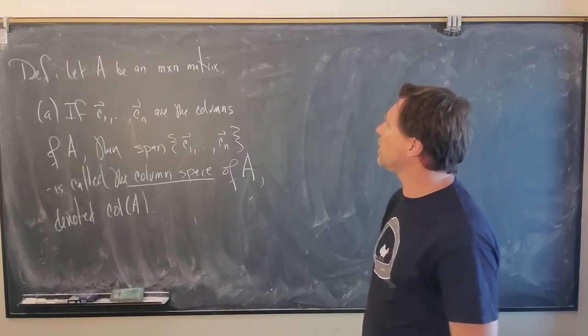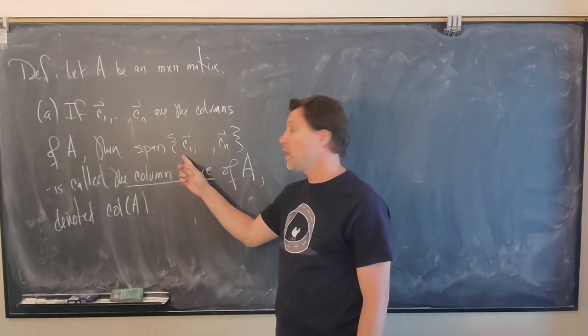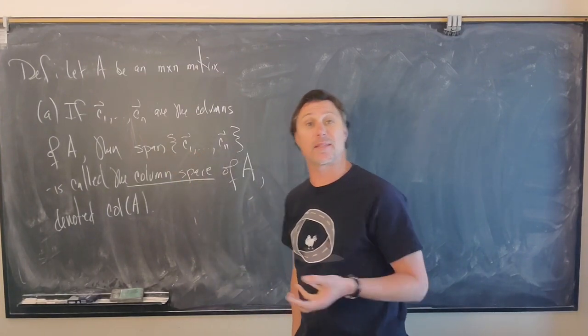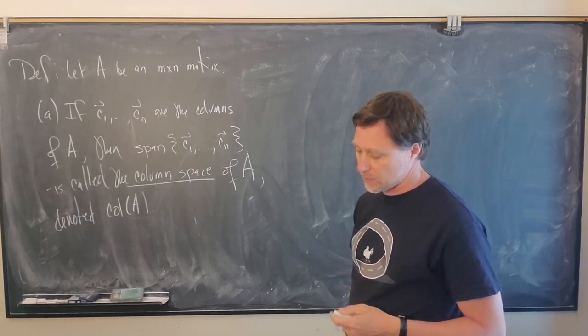In this case, each of these vectors has M entries, so the span of this set is a subspace of R sub M. So col A is a subspace of R sub M.